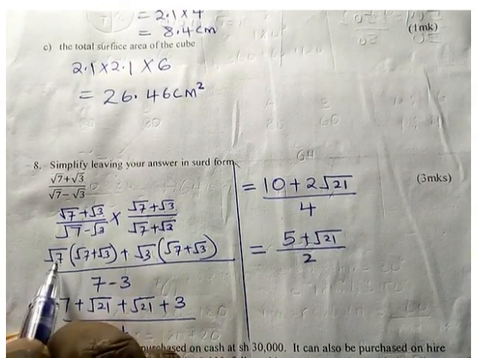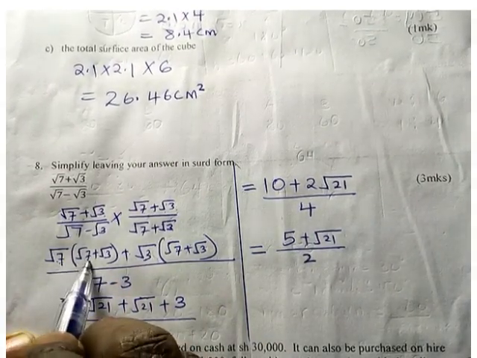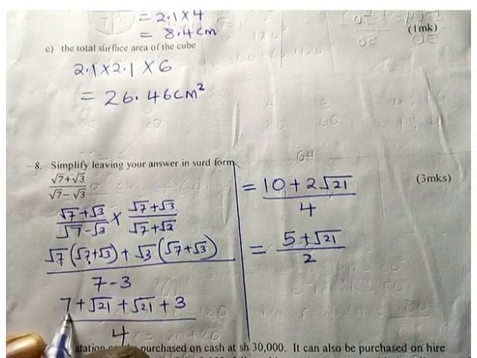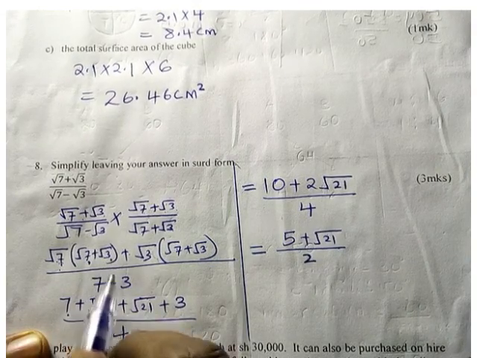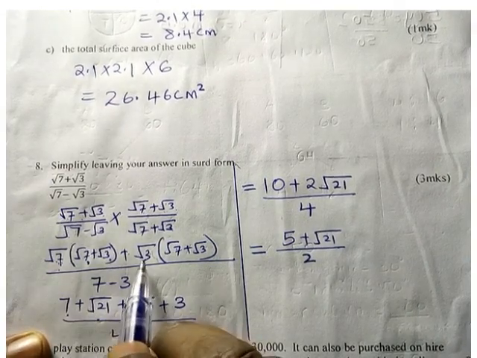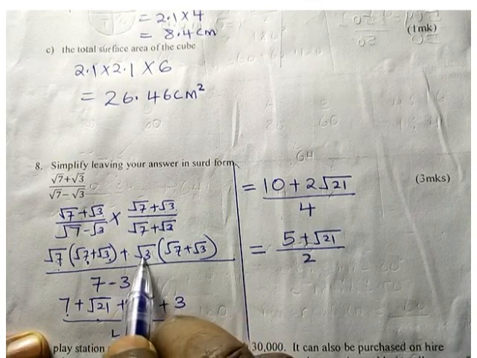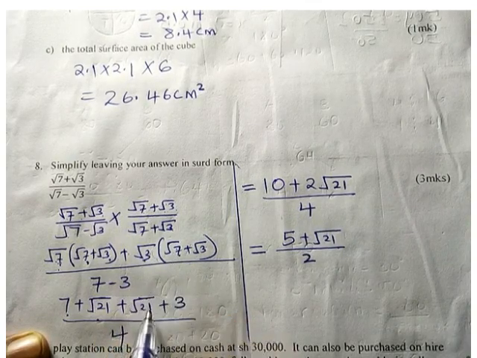Root 7 times root 7, the answer is 7. Root 7 times root 3 is root 21, because you take root and then 3 times 7 which is 21.